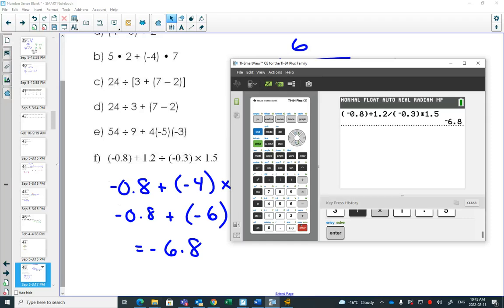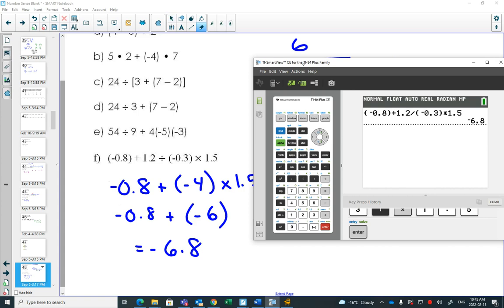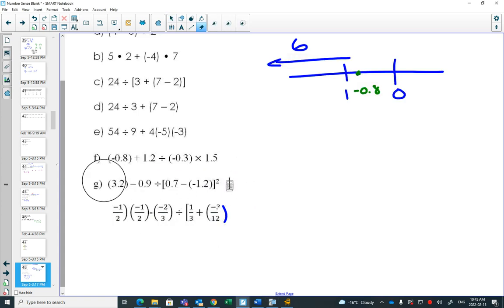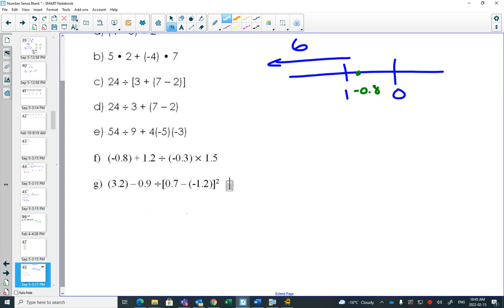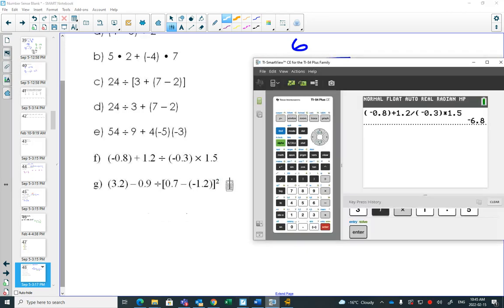Okay, and for the next one, we're just going to do the next one on our calculator all at once. So for part G, I just want you to type this into your calculator and push enter and see if you get the answer. I will type it in here as well.